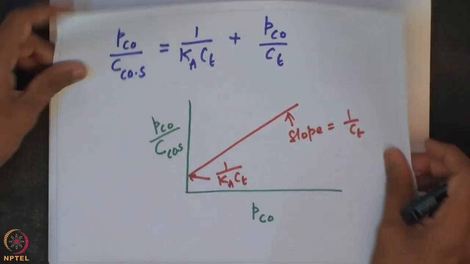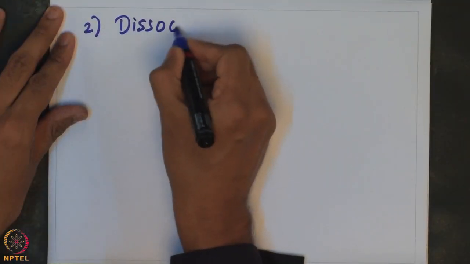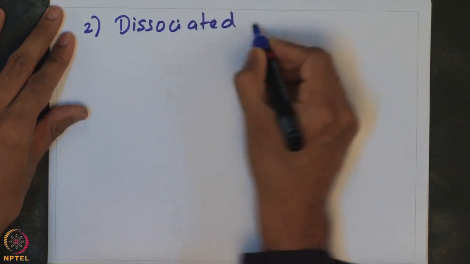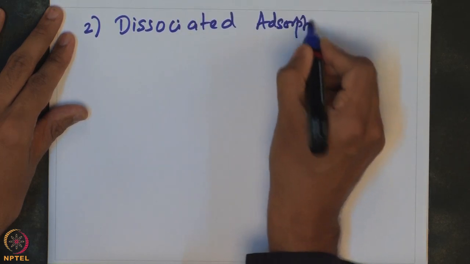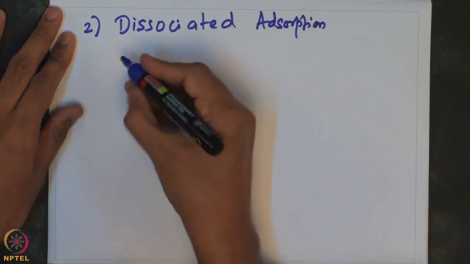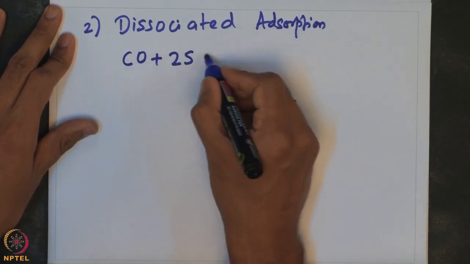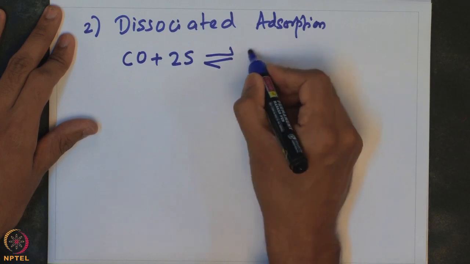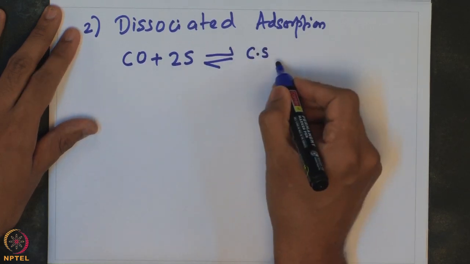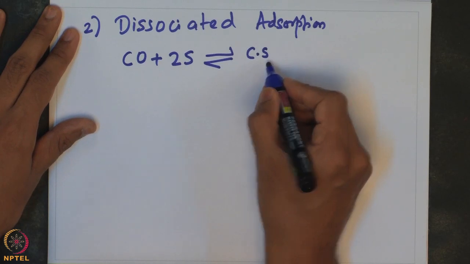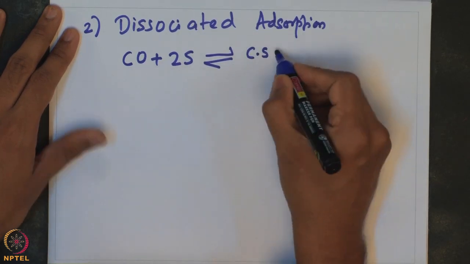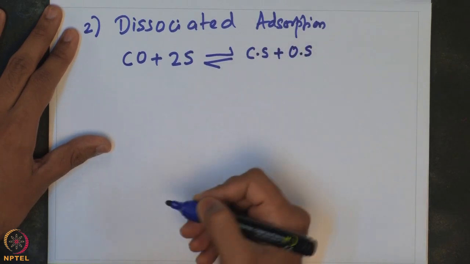So, let us next look at the dissociative model. Let us look at the second case of dissociative adsorption. We can represent the adsorption of CO in a dissociated form as a reversible reaction step, where we have CO plus 2S reversibly gives CS plus OS.